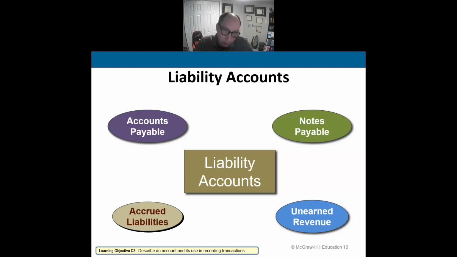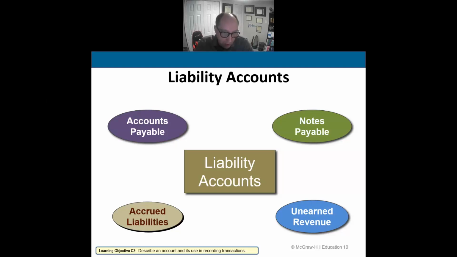Accounts payable is short-term. I owe my bills typically within 30 days, like the rest of you do, right? Accounts payable represents bills that you have received but have not yet paid. I have to pay them still. That's why we call it accounts payable, right? Notes payable, that's long-term loans.